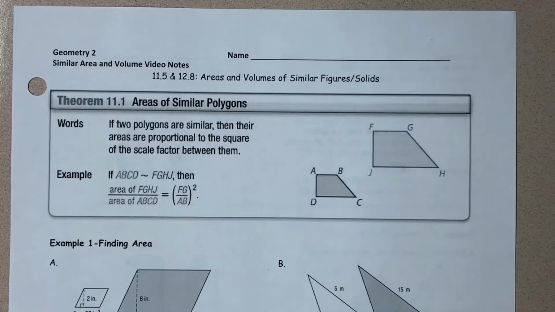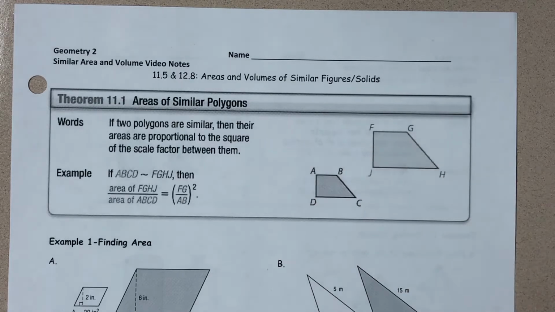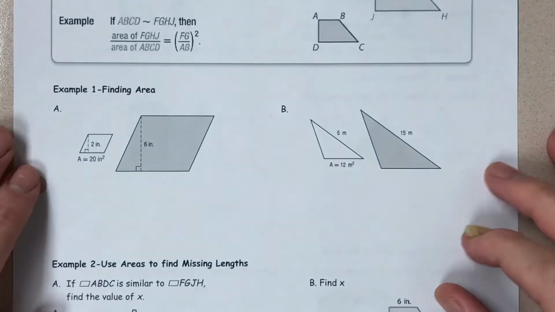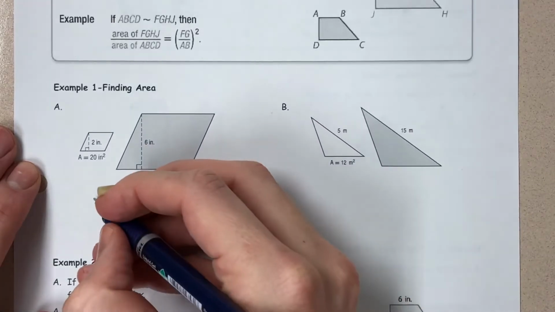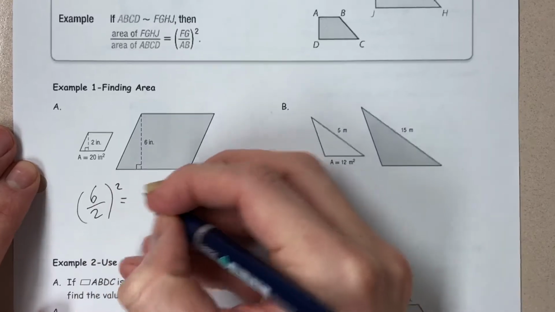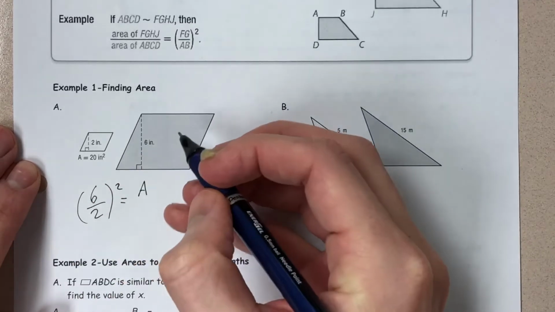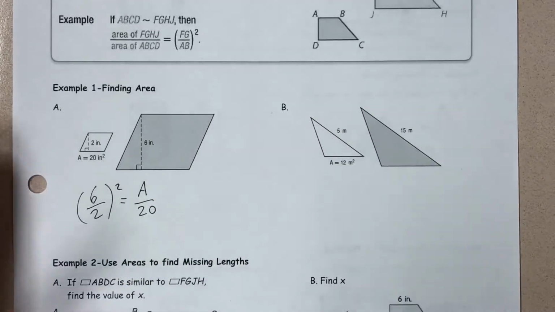Okay, so when we have two similar polygons, their sides are proportional according to the scale factor, but their areas are proportional to the square of the scale factor between them. So if we're talking about these two figures here in A, we could say that 6 over 2 squared equals the area of the second one, this bigger one, over 20.